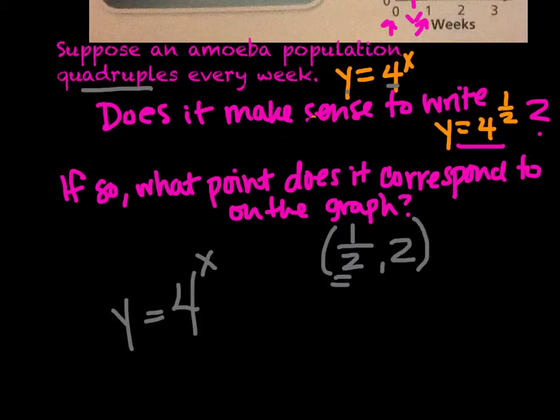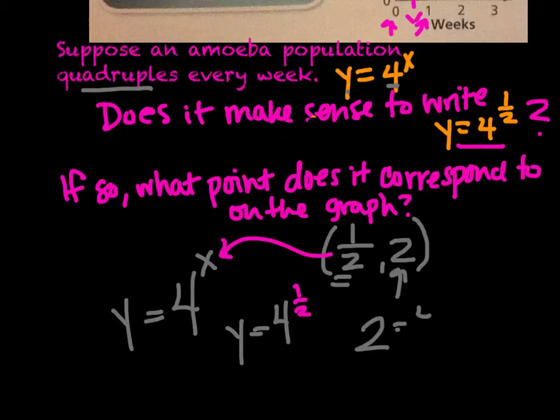If we were to put in a half for x, we have now 4 to the 1/2 power is equal to our y. Well, our y in this case is 2. 2 is equal to 4 to the 1/2 power.